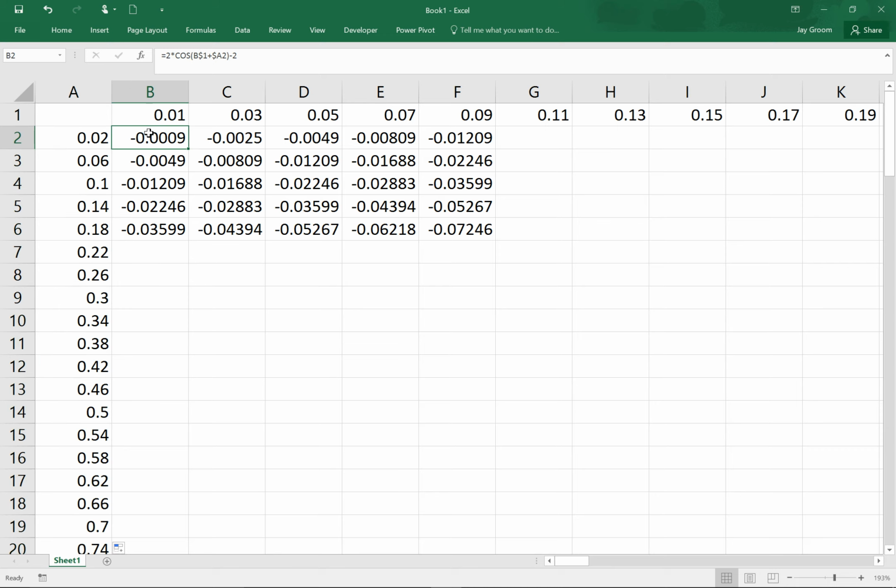So equals the square root of 1 plus, and what is it now? What's our function inside?